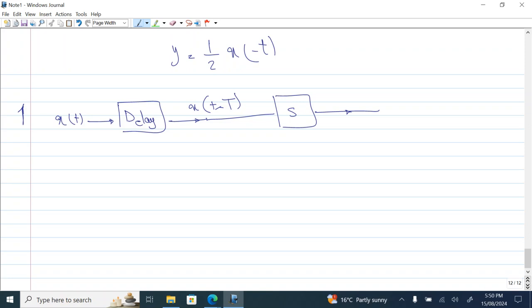So again, this is where you get confused if you don't remember what your system does. Whatever goes to the system, the time will be reversed, and then it will be multiplied by half. So I'll write the half.